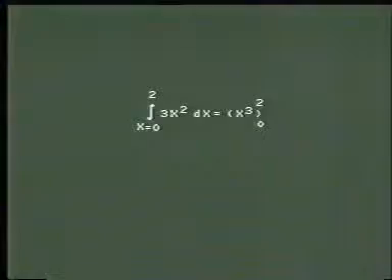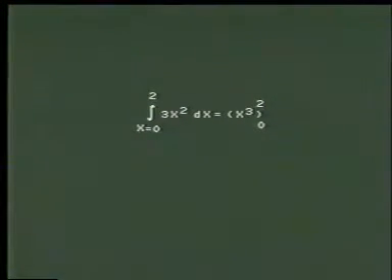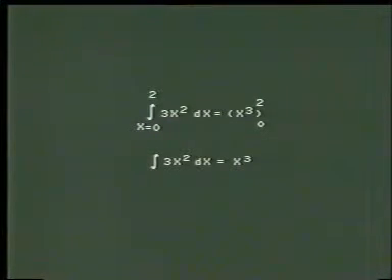Thus we see that process of differentiation and process of integration are reverse processes, because when both applied in succession result the original total change in the value of a given function, 8 in this case. If the limits are omitted, we get integral of 3x square dx is equal to x cube.